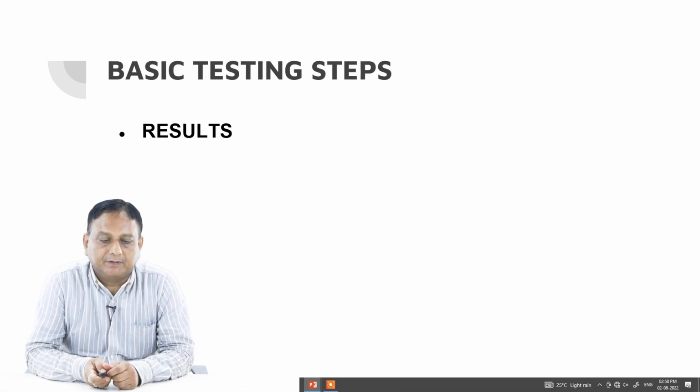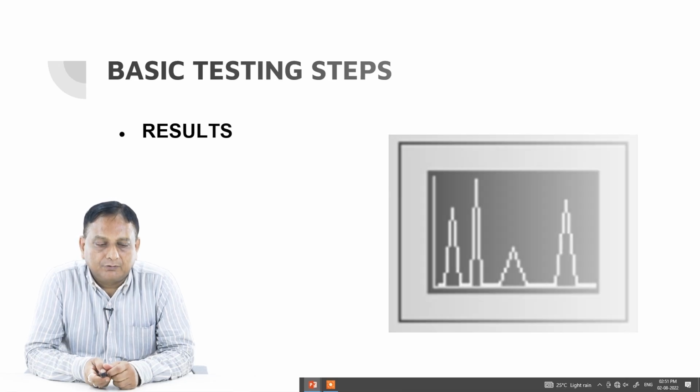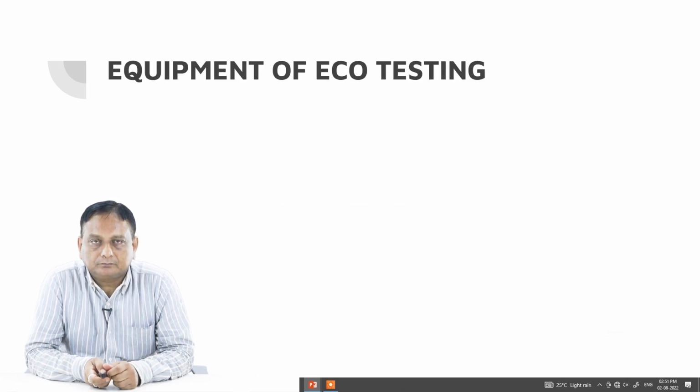The end result is very, very important. For that, different graphs are there. Graphs can be analyzed to find whether that particular peak, that particular compound or chemical group, is available, or the chemistry of the material is judged by doing this testing.